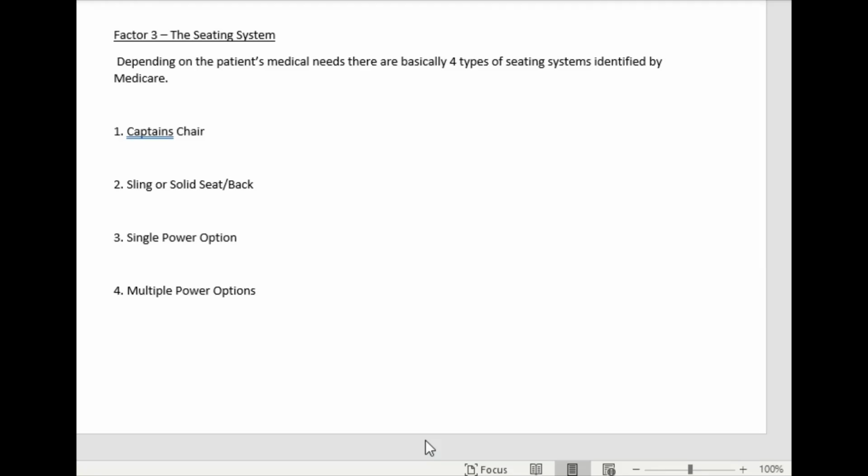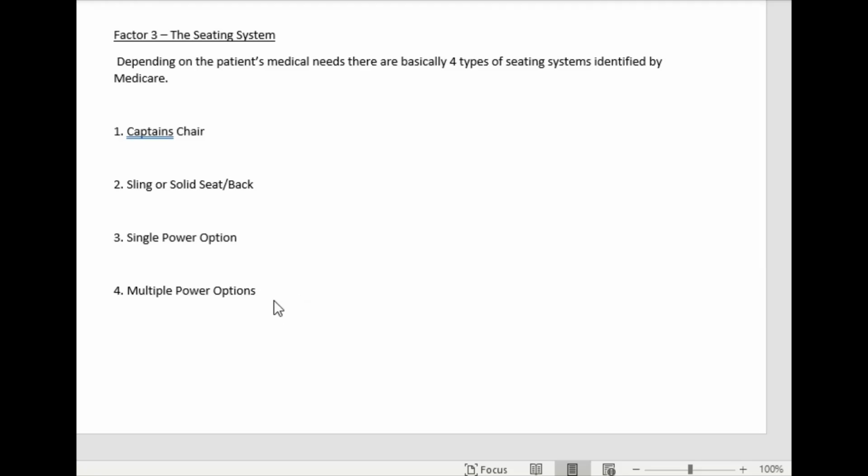Recline is where the patient's hip to back degree opens up. The patient's seat is going to stay where it is, but the backrest is going to fold downward, opening the patient's angle up to about 160 degrees of hip extension.